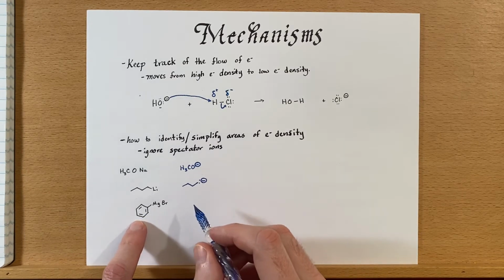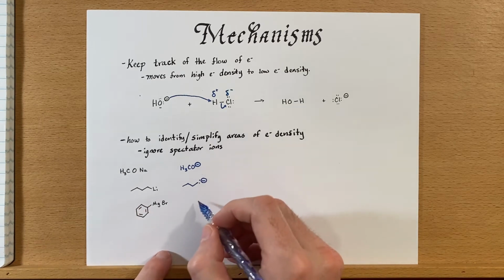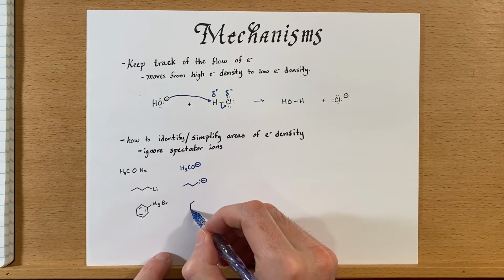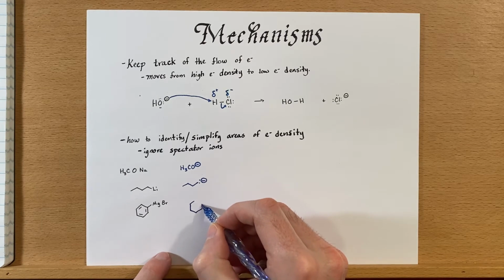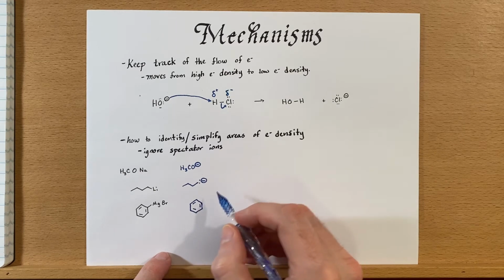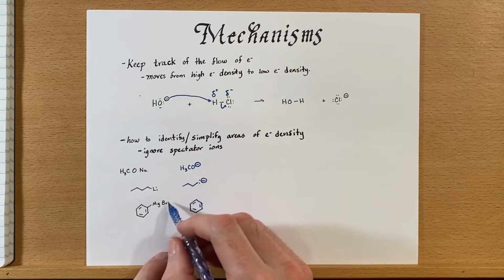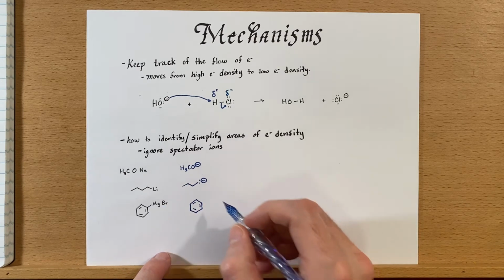Now let's look at this Grignard. We have an aromatic ring here, so we'll draw that. And we'll remove the magnesium bromide because this part is the spectator portion.